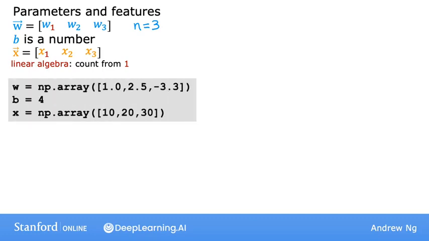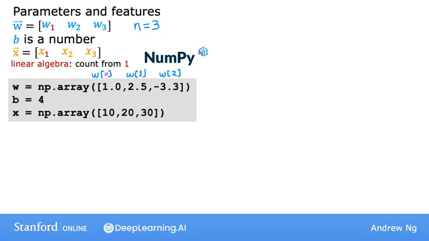Here, I'm actually using a numerical linear algebra library in Python called NumPy, which is by far the most widely used numerical linear algebra library in Python and in machine learning. Because in Python, the indexing of arrays or counting in arrays starts from 0, you would access the first value of w using w square bracket 0, the second value using w square bracket 1, and the third using w square bracket 2.